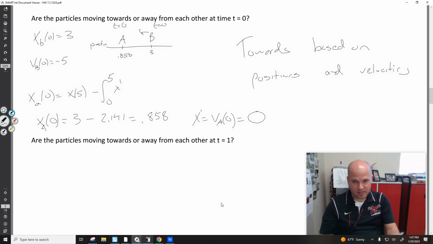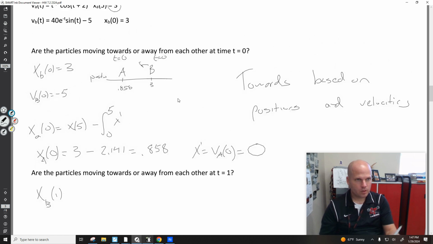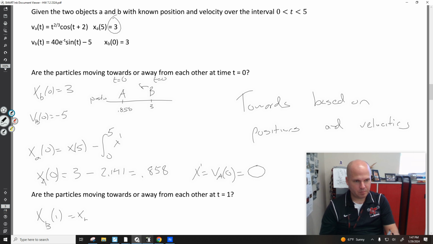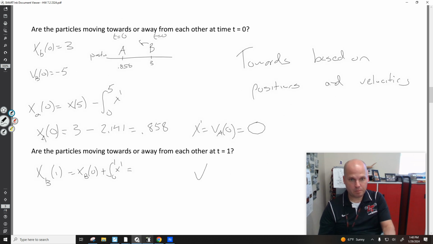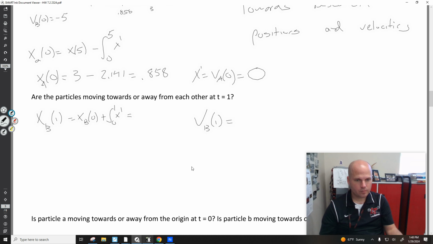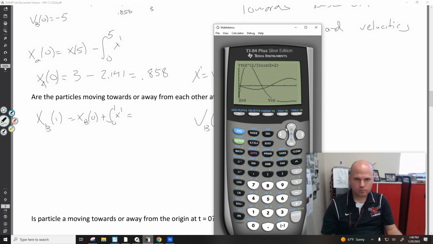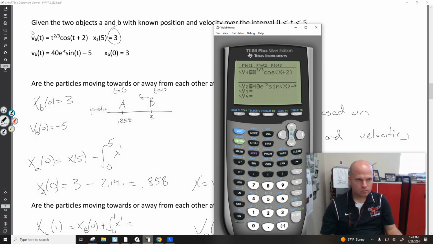All right, I got to find the times and positions. I need x b of 1, which equals x b of 0 plus the integral from 0 to 1 of x prime. I need v b of 1.